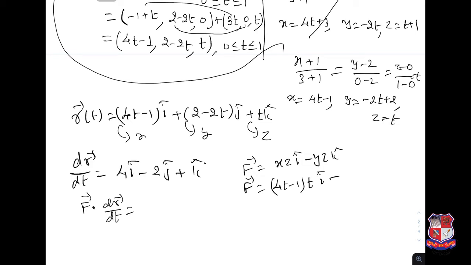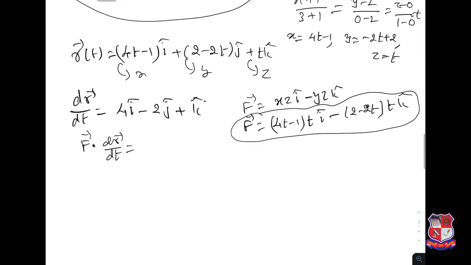So xz i minus yz k, where y is 2 minus 2t, and z is t. This is f, and this is dr by dt.